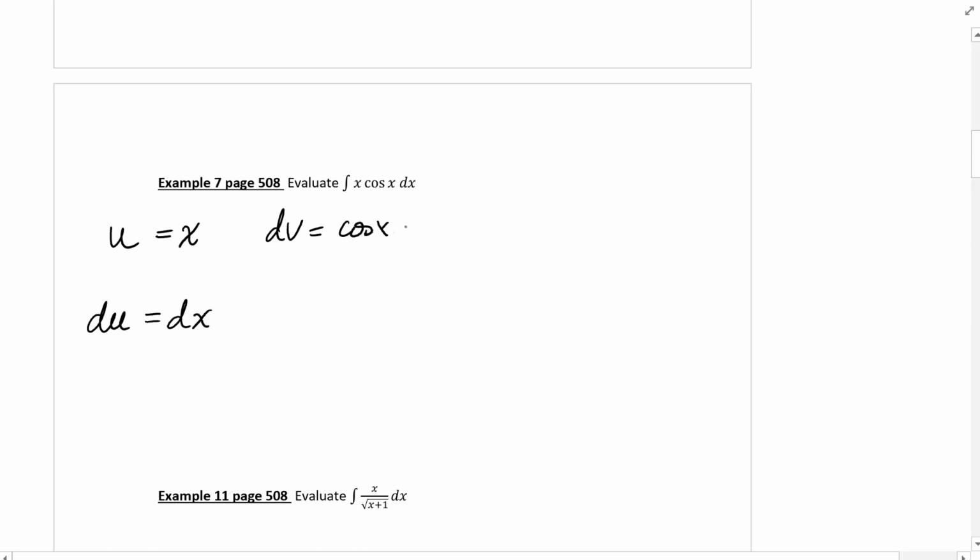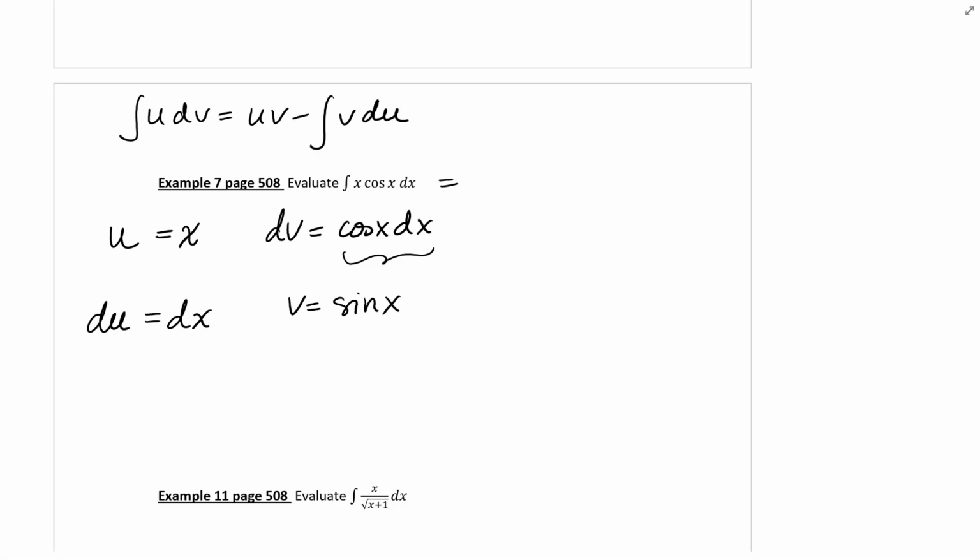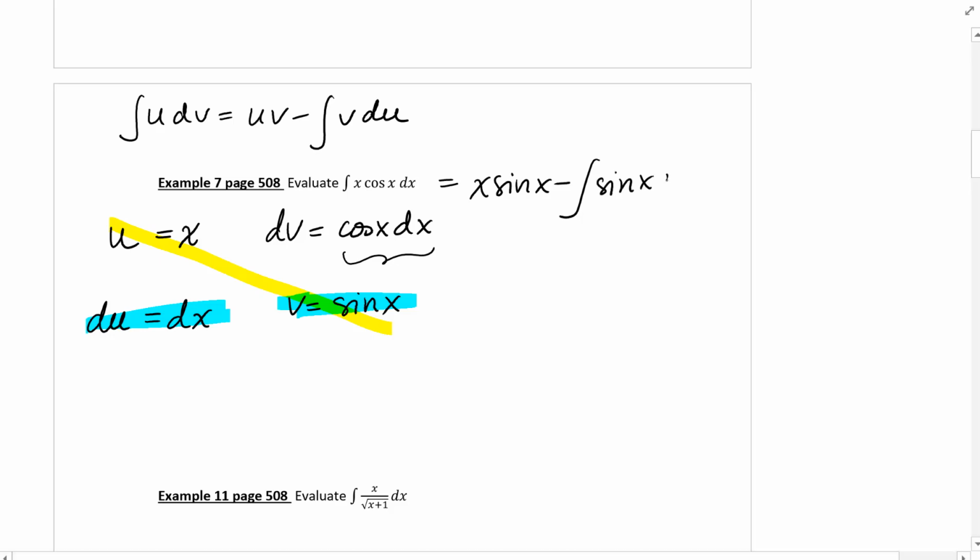dv is cosine of x dx, so v is going to be the integral of cosine of x dx, which is sine of x. So now if I'm using the formula, the integral of u dv is uv minus the integral of v du, in our case it's going to be x sine of x minus the integral of sine of x dx.